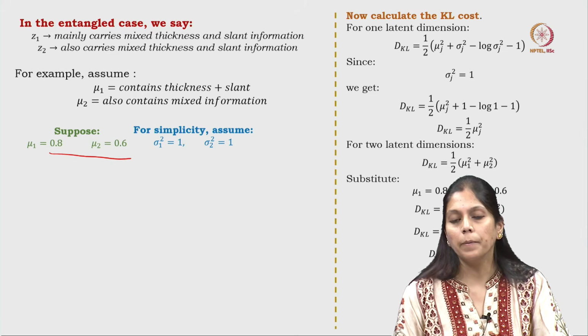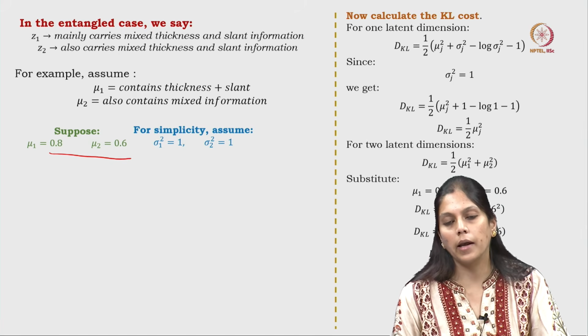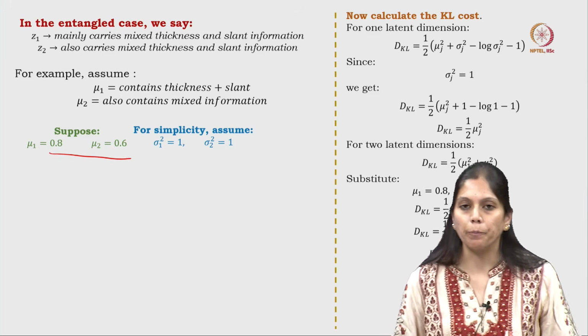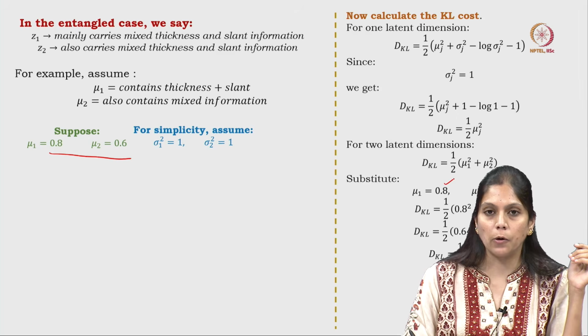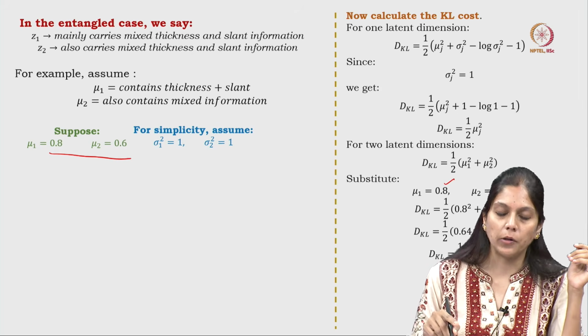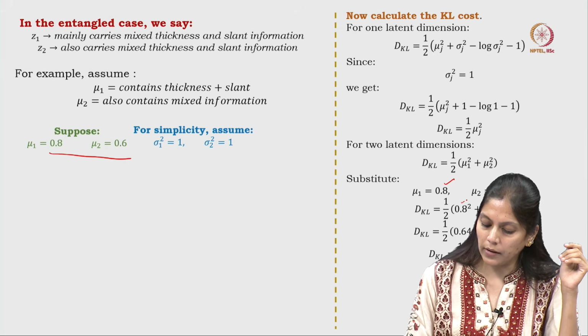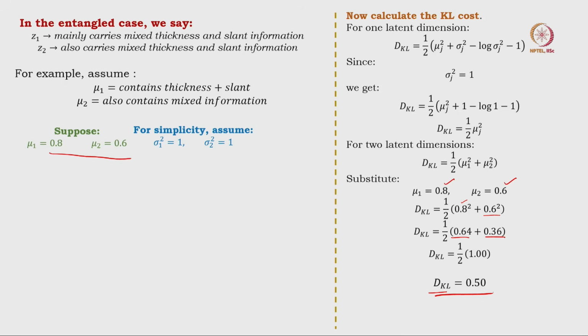Here, can you see the KL divergence value? The value is high, where you are getting a KL value of 0.50. Once again, the mean values we have considered are 0.8 and 0.6. Substitute the values back into this equation. Taking the square, it is 0.64, and 0.6 squared is 0.36.